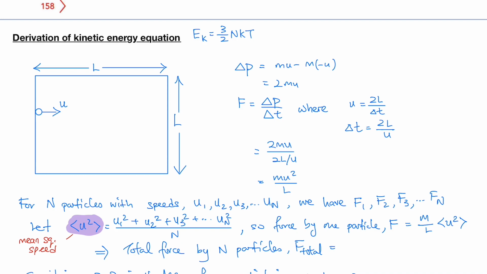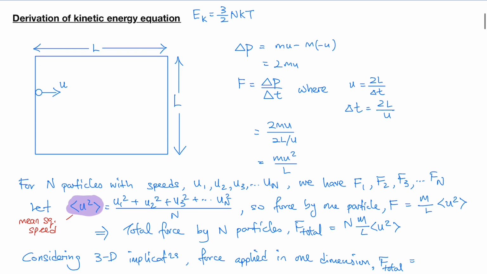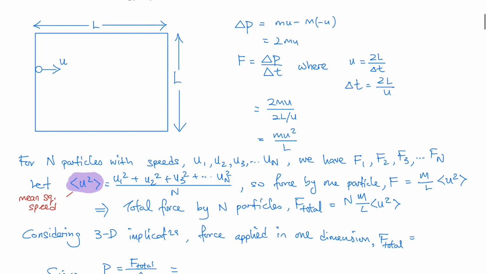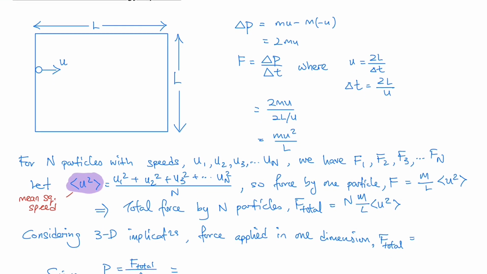Instead of the speed unique to only one particle, now I have a general expression that represents the force exerted by all the particles, and therefore the total force by n number of particles would be multiplied by n. Now we are still only talking about 1 dimension.